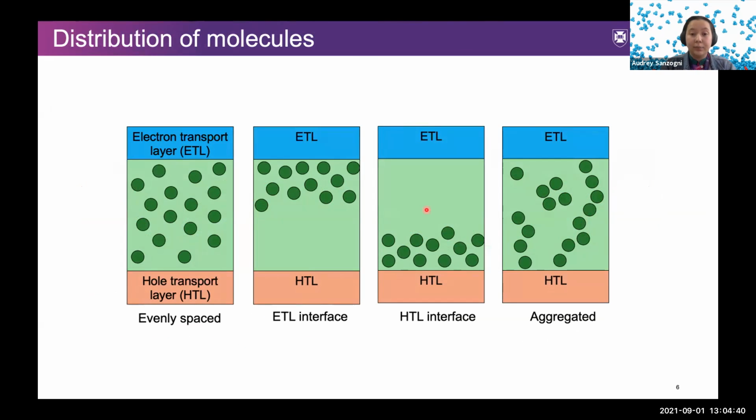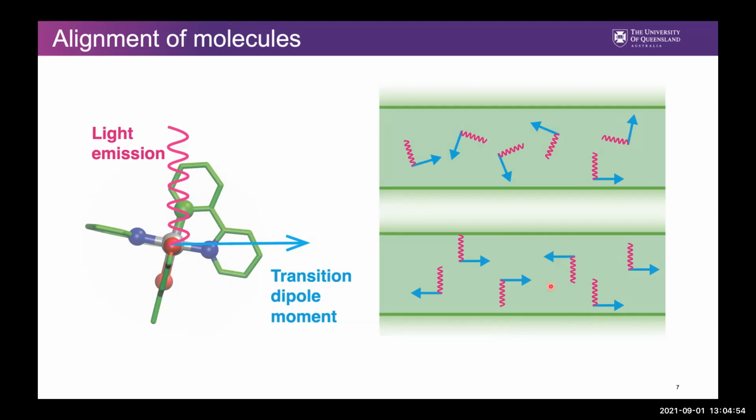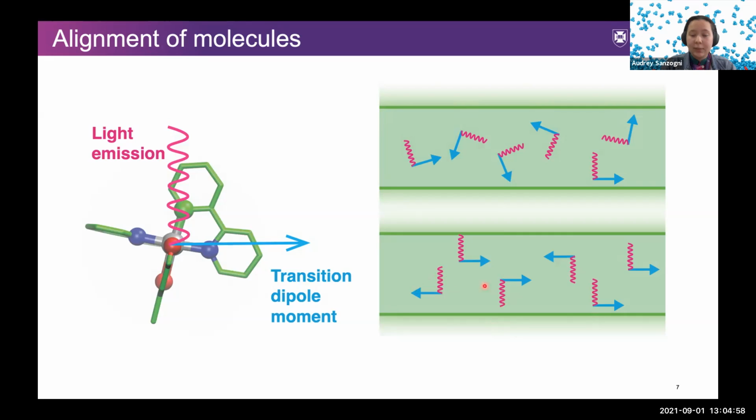Are certain molecules aggregated at different interfaces, or are they percolated throughout the system? Also, what does the alignment of the molecules look like? You can see here that if the transition dipole moments are parallel to the substrate, we have an emission layer that has a much higher light output than an emission layer where the transition dipole moments are randomly orientated.